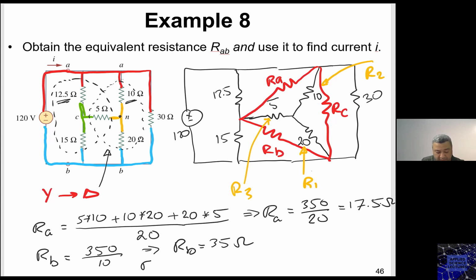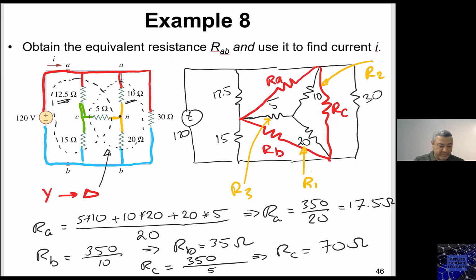And I have RC equals 350, because it's the same numerator, divided by RC is 5. Then RC is 70 ohm. Okay.